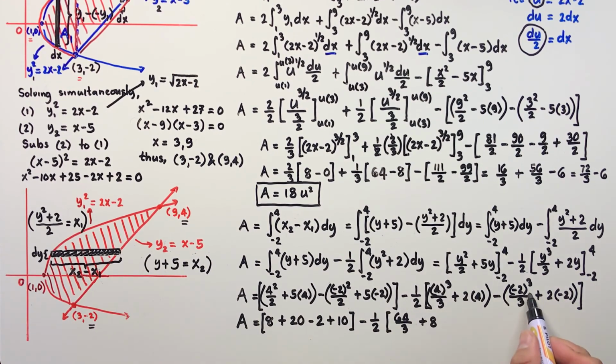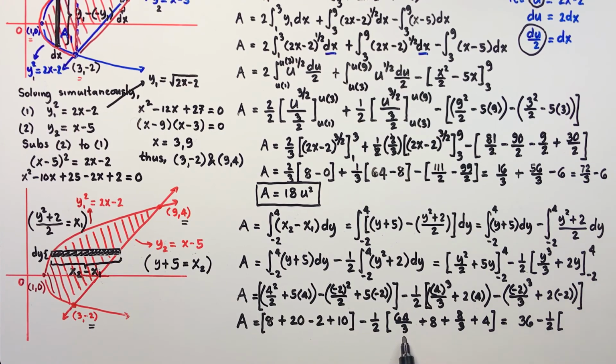And this is negative 8 over 3, but we have a negative here, so this is positive 8 over 3, and minus the negative 4, so we have positive 4. So we have 28 plus 8, and 28 plus 8 is 36, minus 1/2 times this quantity.